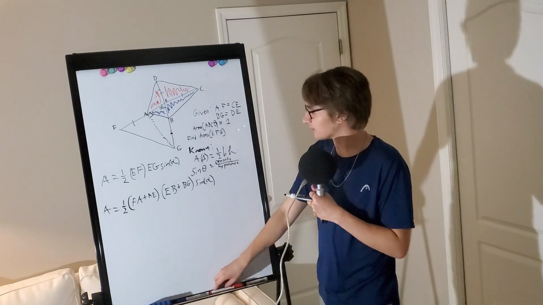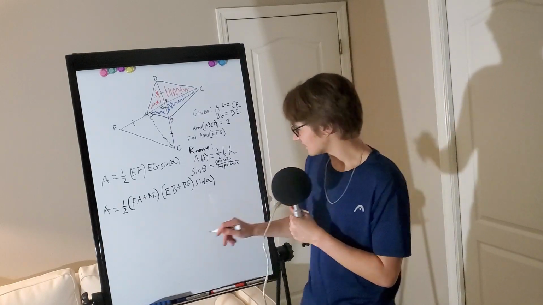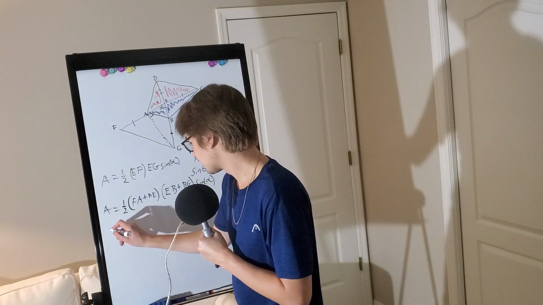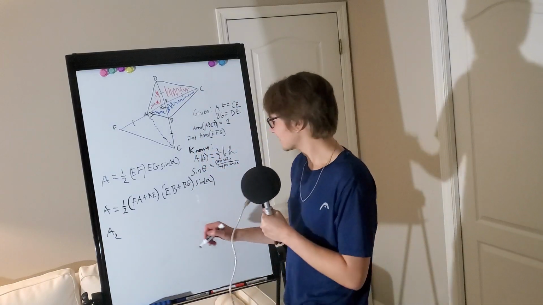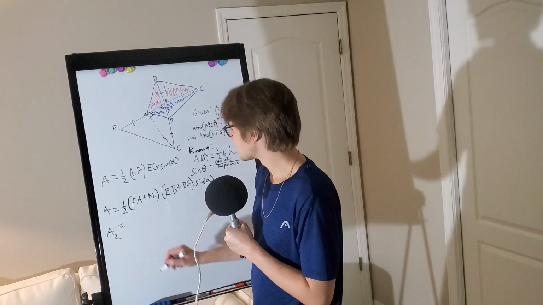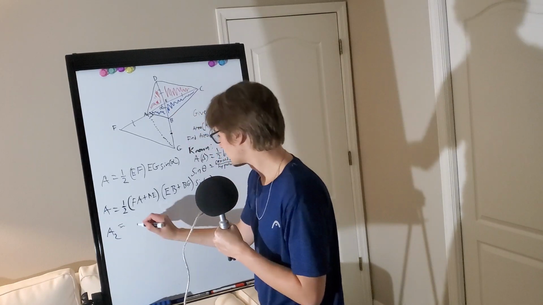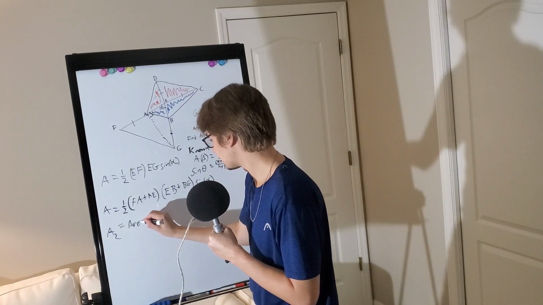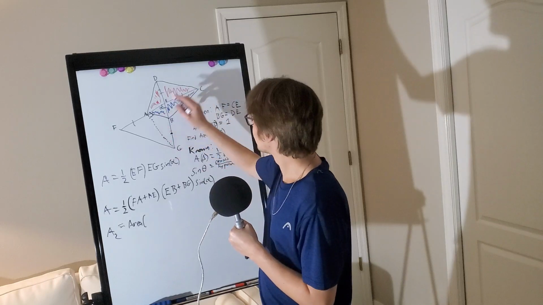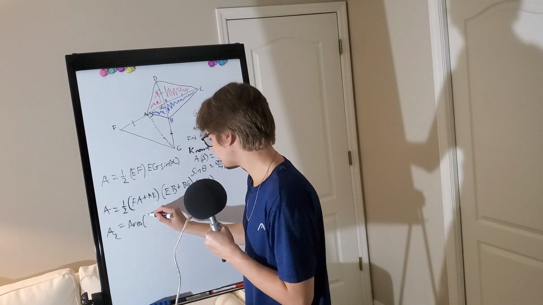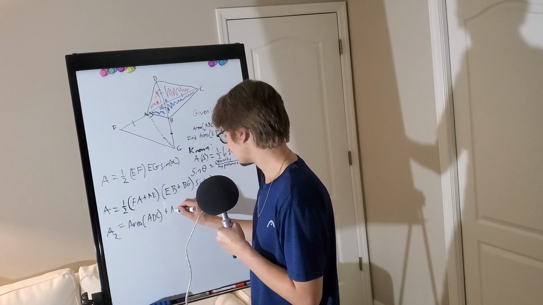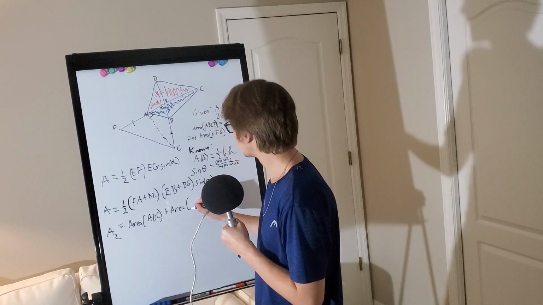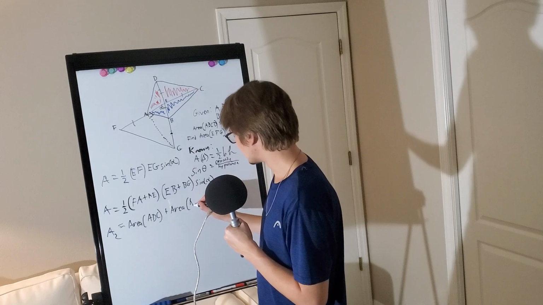So what this really is, we'll call this A2, the second area we're calculating, equals just the area of ADC plus the area of ABC.